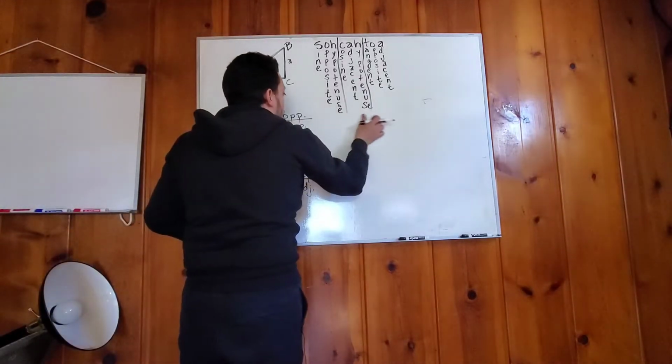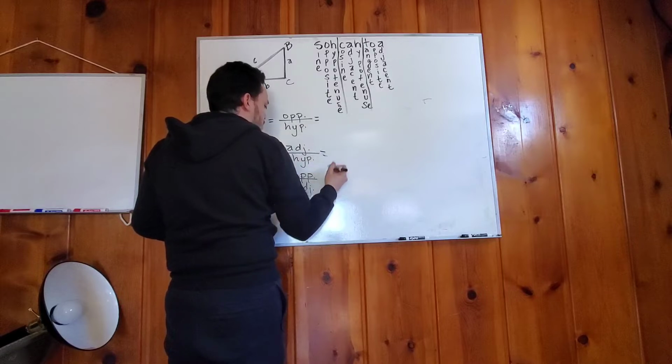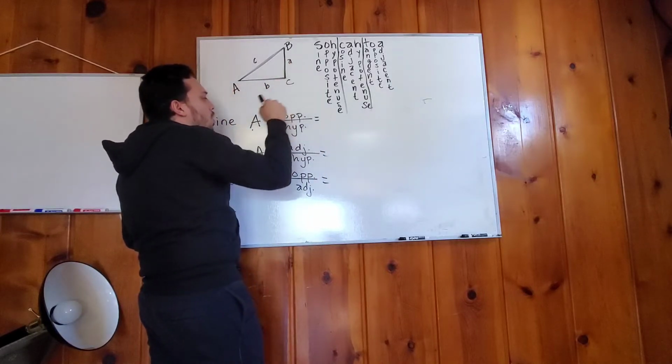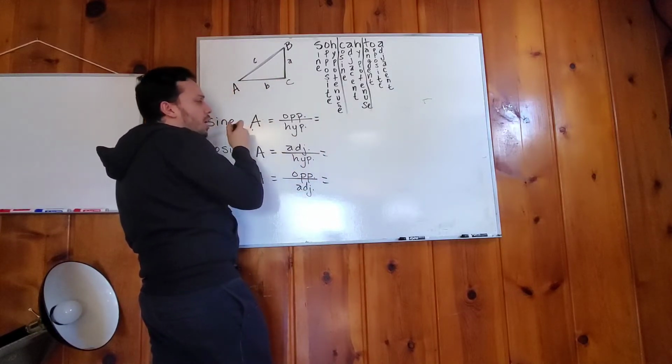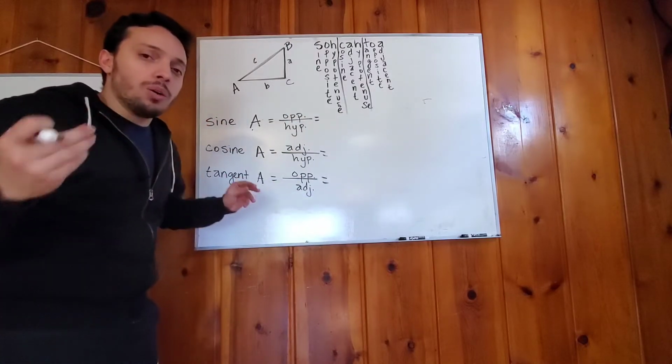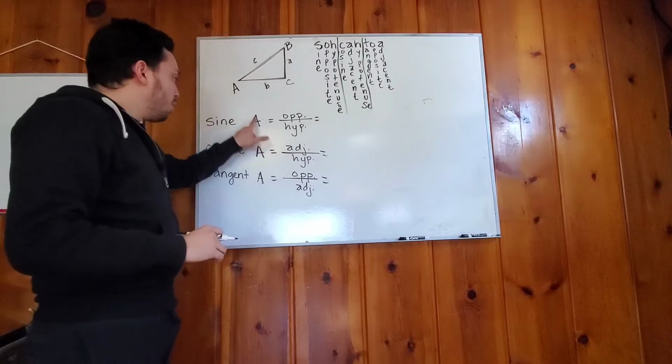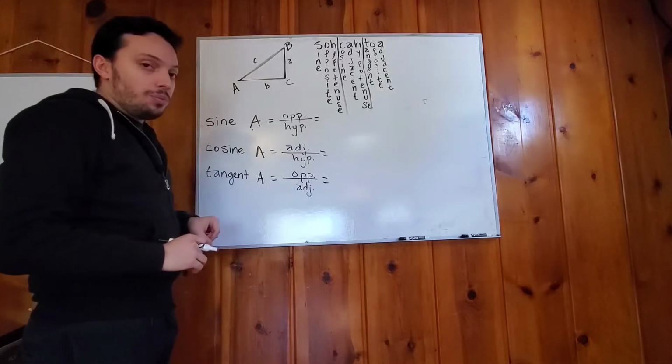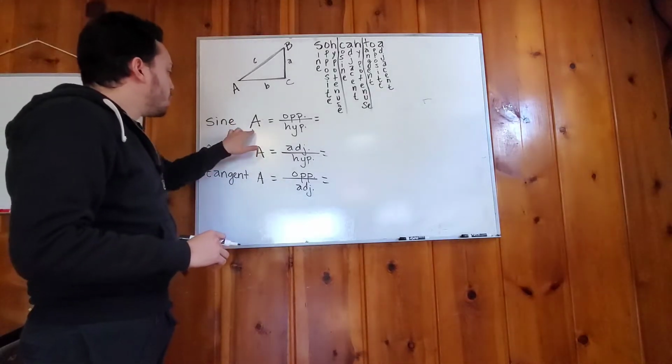Having said that, what are the ratios here? What we talked about were ratios. Sine is a ratio, cosine is a ratio, tangent is a ratio. A ratio of what? A ratio of sides from the point of view of an angle. What is the angle? The angle is A. What is the opposite of A?